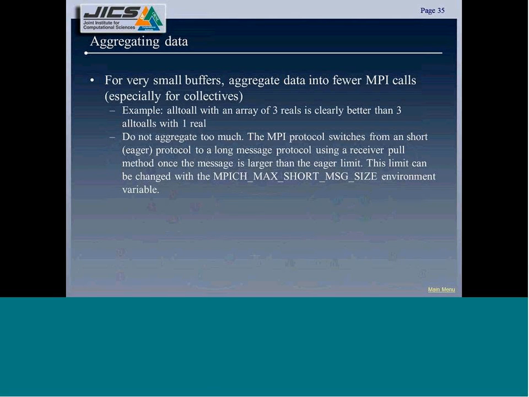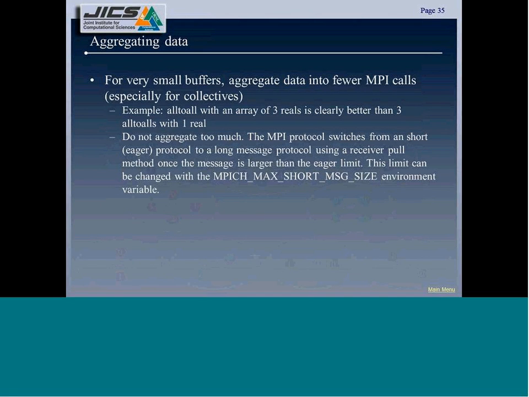And the last suggestion is with buffers. You always want to aggregate your buffers that are very small into arrays and then send messages. So you would always want to reduce the number of messages, and increase the buffer size if the buffer size is too small.